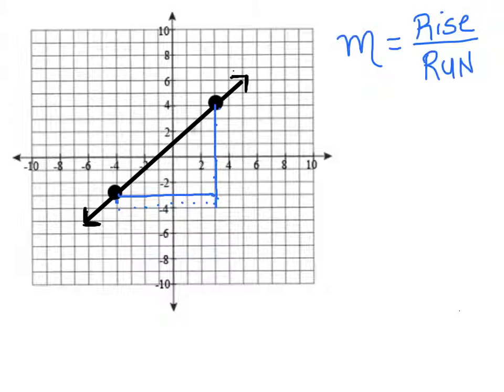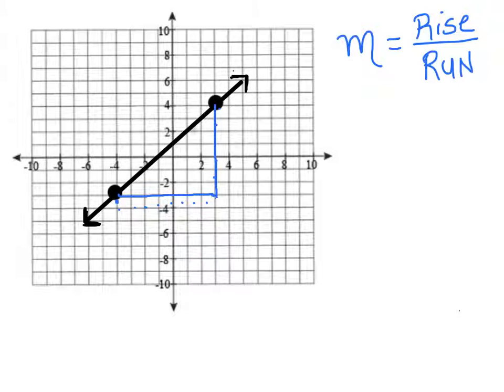There we go. And so I'm going to get rid of this little overextension here. Okay, so now I've drawn a triangle that connects the 2 points. All I have to do is count the number of units in the run, which goes from side to side, and the number of units in the rise, which goes up and down, and then I will have my slope.